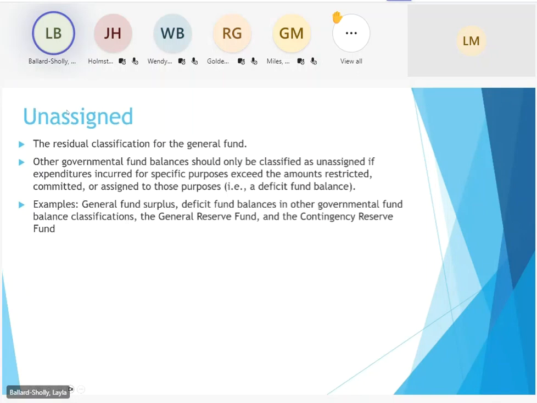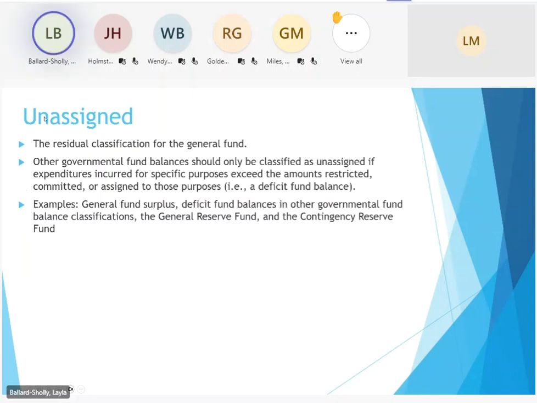And then lastly, unassigned. This is the residual classification for the general fund. So everything in the general fund that doesn't fall in those other categories goes to unassigned. For all the other governmental funds other than the general fund, you would only have an unassigned fund balance if you have a deficit fund balance.